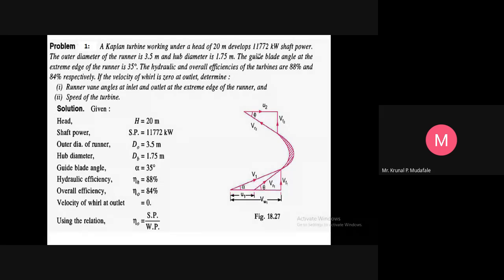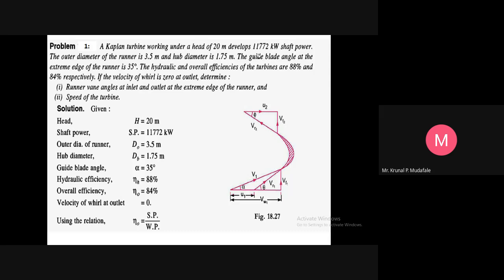What is that shaft power? Shaft power is nothing but the output power. As you know, efficiency is output upon input. So the shaft power is the output, because the water strikes the runner so that the shaft is moved, and how much shaft power can be generated is called the output of that turbine, right? So this will be the output power, shaft power, 11,772.